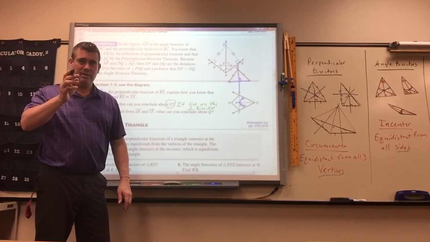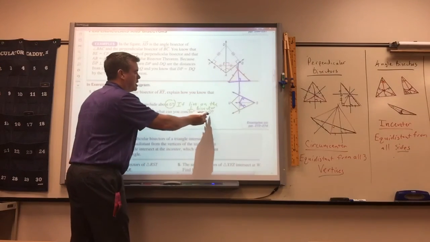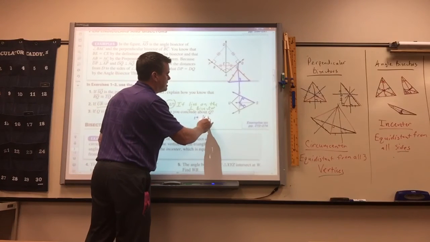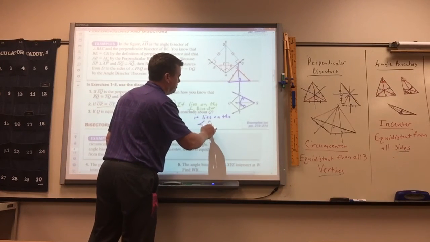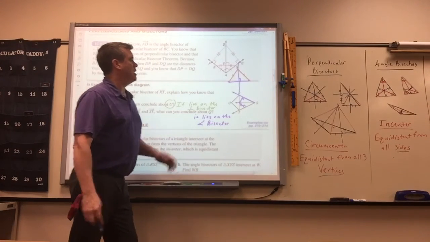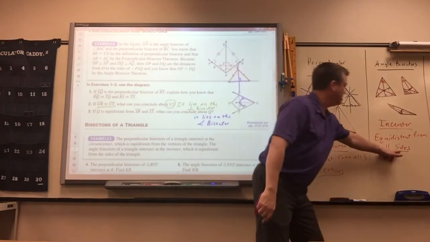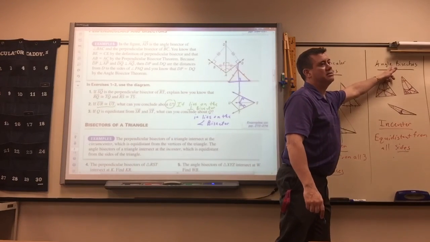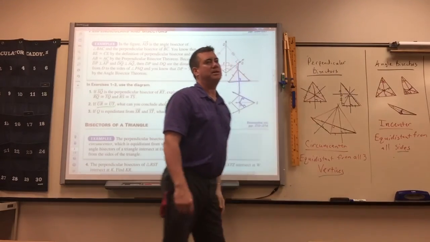No. It's equidistant from the sides, so you can conclude that it lies on the angle bisector. Remember, if a point is equidistant from 2 sides, it's on the angle bisector. If it's equidistant from 2 points, it's on the perpendicular bisector.